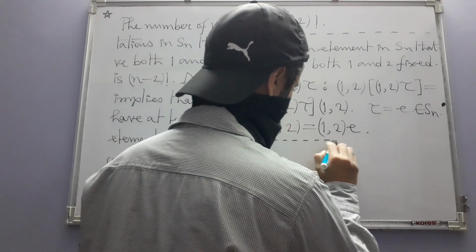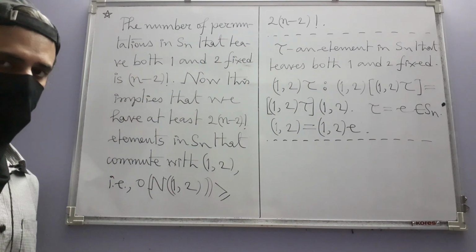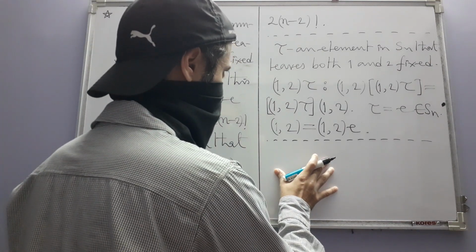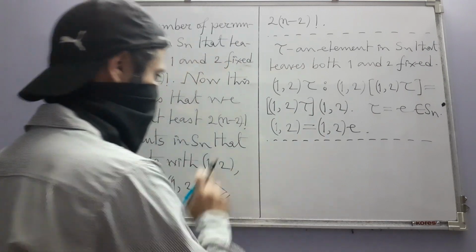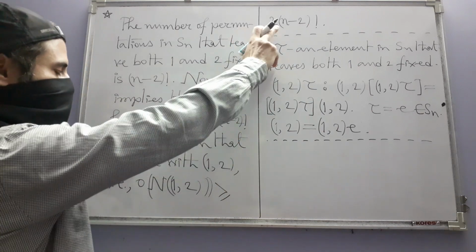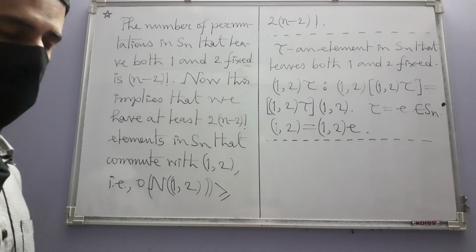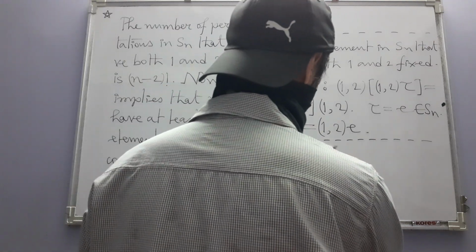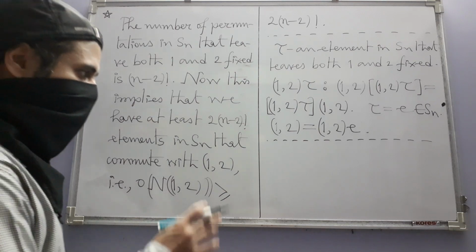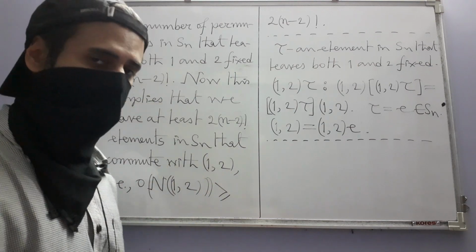But now we can use our counting principle to see: is this really equal to the number of elements? That is, it's not just greater than or equal to this, but is it really equal to this number? We can now see that, because we know precisely how many conjugates this 1 comma 2 has.